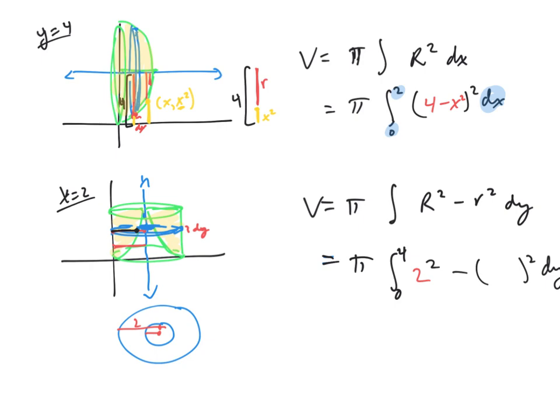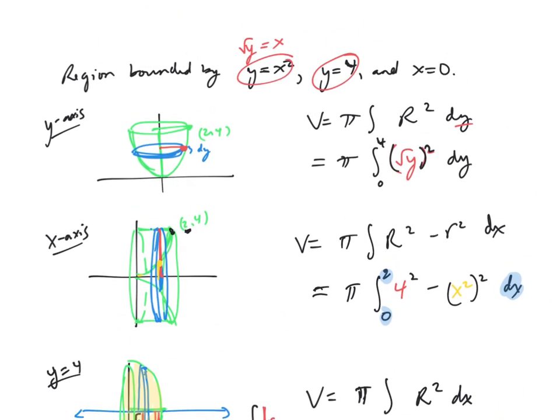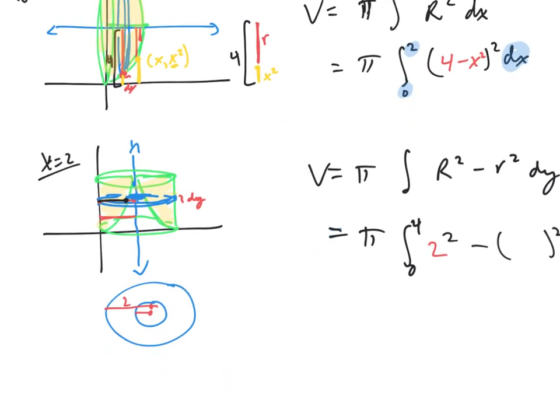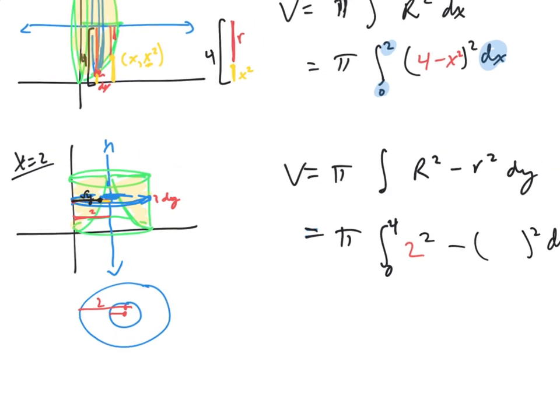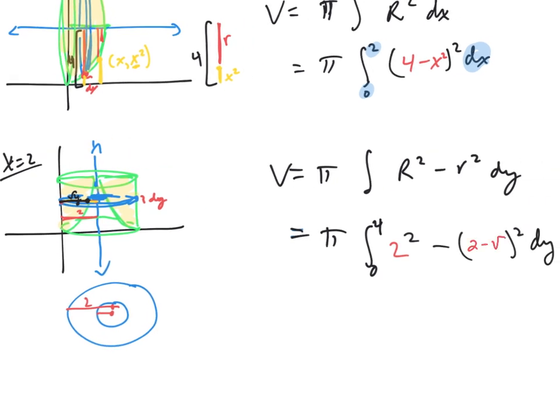So even go up to this one, and our radius was radical y right here. That's what we had there. So now it's like I've got the leftover part when I take 2 and subtract radical y. So that's radical y. The whole thing is 2, and I want just the leftover part right there. So I'm going to call that 2 minus radical y for my inside radius. And that entire thing is getting squared.